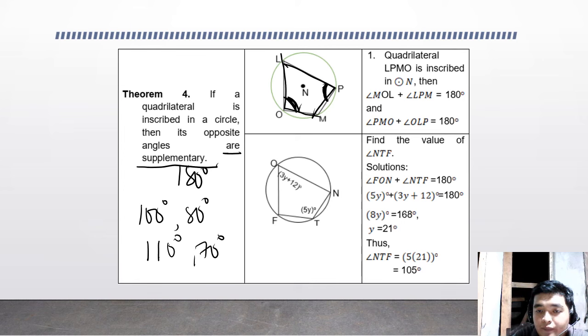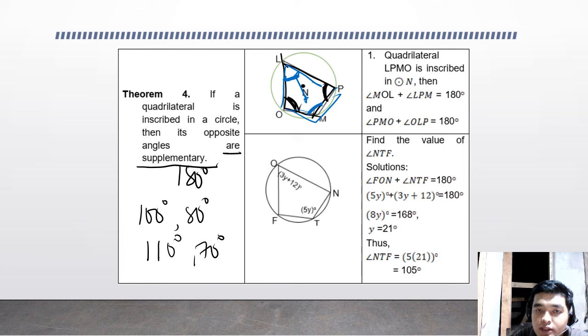Another pair: angle PMO is supplementary with angle OLP, again opposite angles.